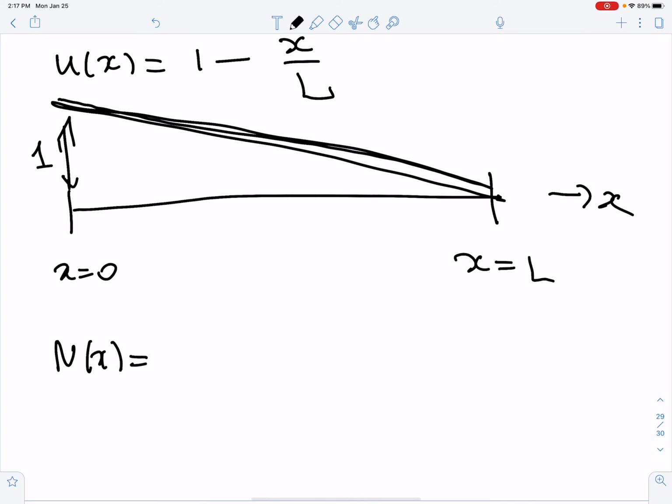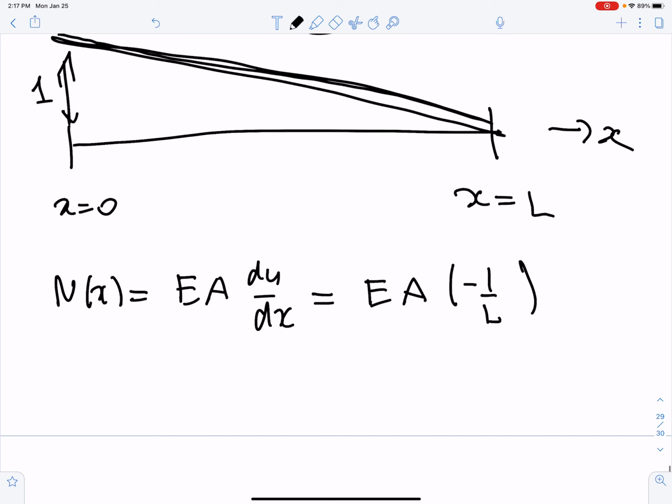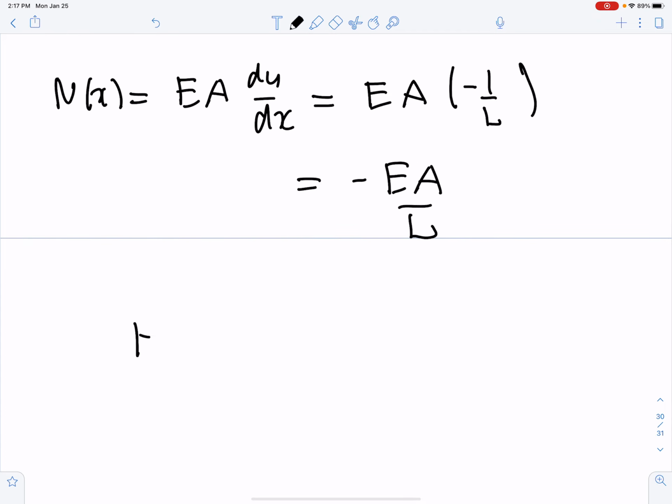Corresponding to this displacement, I have a force. N of x equals EA du dx equals EA times, du dx is what? Minus 1 over L, equals minus EA over L. So what this means is that the bar is under compression.